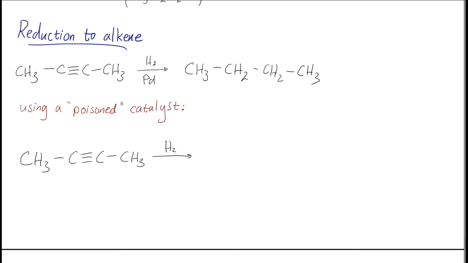It's named after the person who worked on it, and it's called Lindlar's catalyst. It's still a palladium catalyst, but it has some barium sulfate and other things in there to make it a little bit less powerful. It's spelled Lindlar.